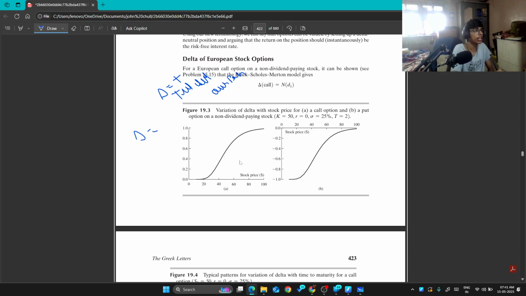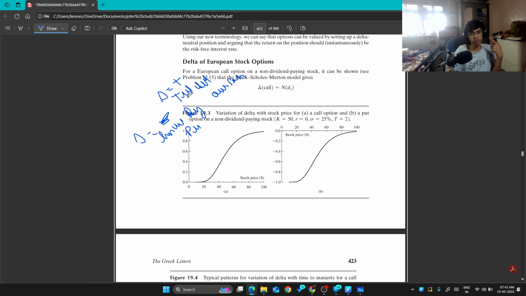And if delta is negative, as in option B, we have to buy the position, because the stock price will increase. You have to remember it is inverse. If it is positive, that means we have to sell it. If it is negative, then we have to buy it.